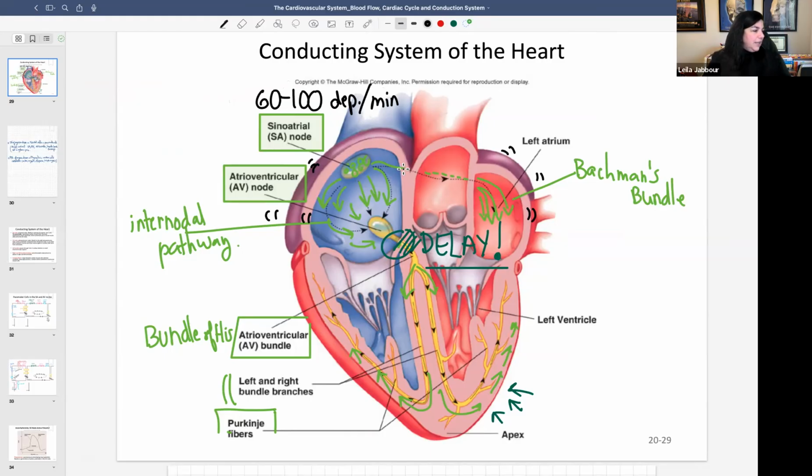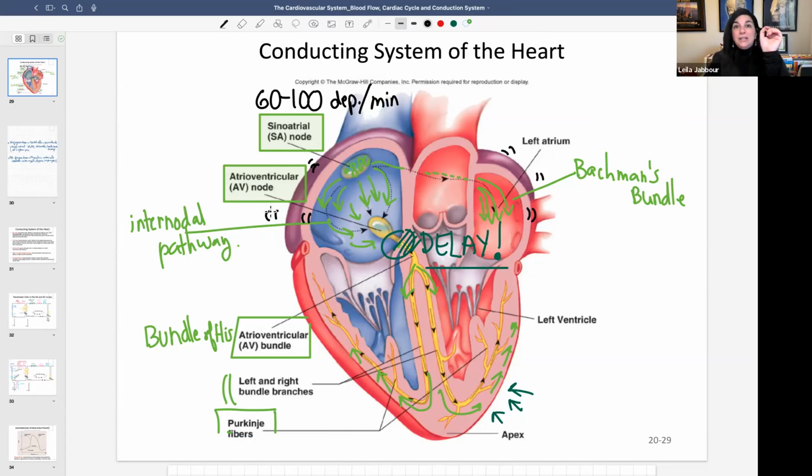The other parts of the atria are 60 to 80. So there are cells distributed throughout the atria that are part of these internodal pathways. We're talking about the nodal cells, right? This is all I'm talking about right now.